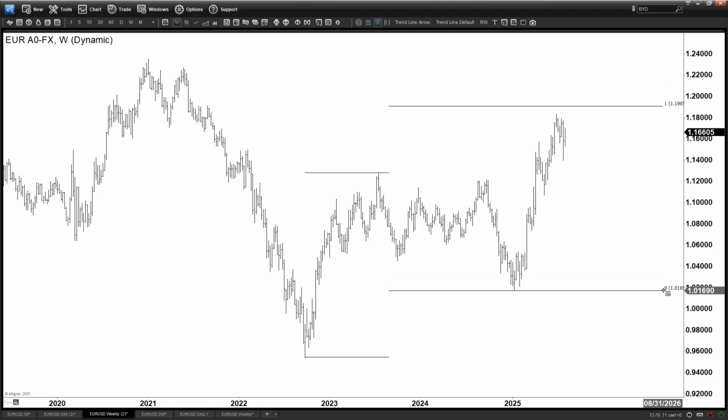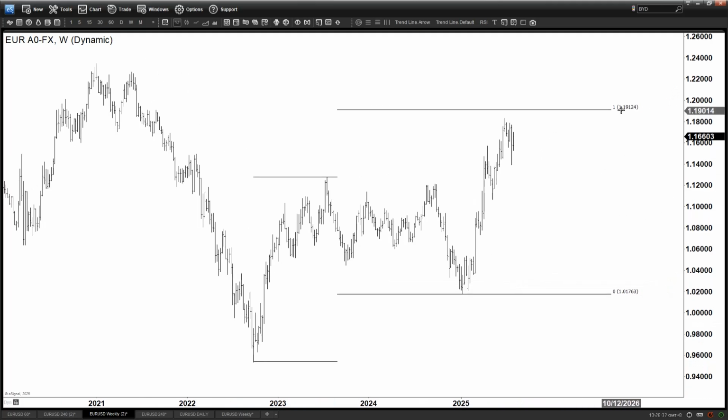By simply extending using the Fibonacci tools, you can see the 100% is 119.10. So 119.10 is the next target on the upside, which suggests that most likely you will have further upside.